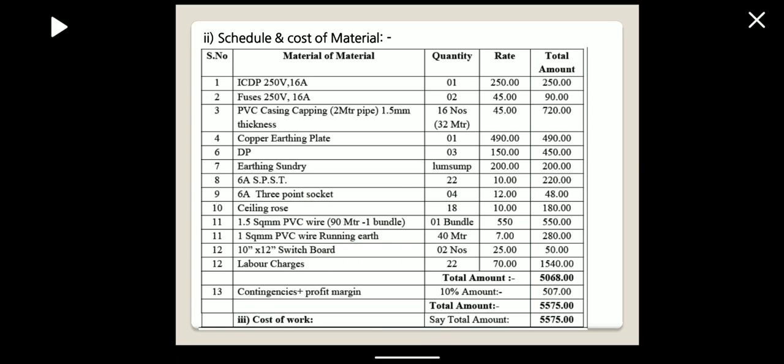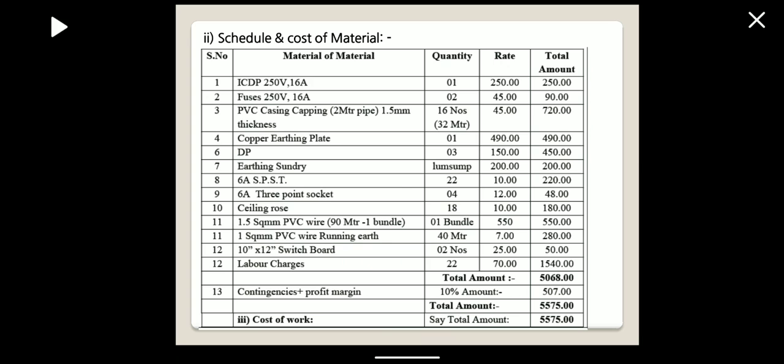Then 1.5 square mm PVC wire, 90 meter 1 bundle is required, so 550 is the total amount for it. Then 1 square mm PVC wire running earth, 40 meter required. Then 10 inch by 12 inch switchboard required 2, and labor charges for 22.